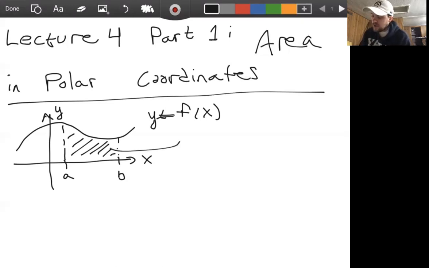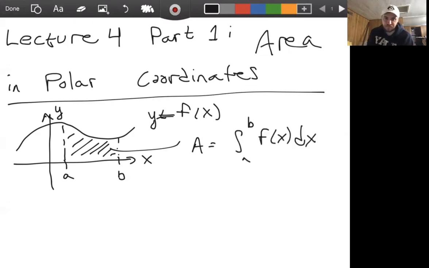We know that the area here can be found by just simply taking the integral from a to b of our function, right? And so what we want to do now is try this in polar.